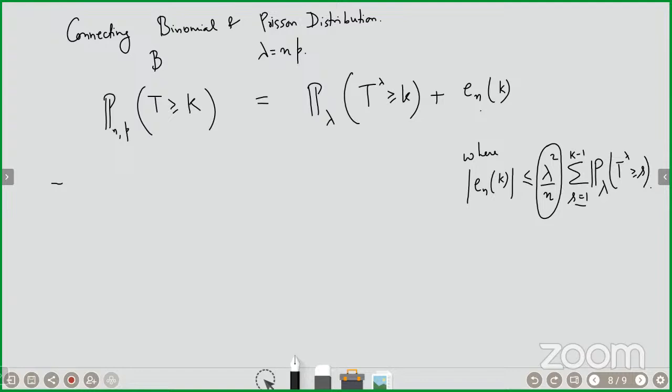Same for the right hand side. So that is okay. Hmm, how will you proceed further? Because that is for individual random variables, and T is not an individual random variable. T is a summation of lots of random variables.